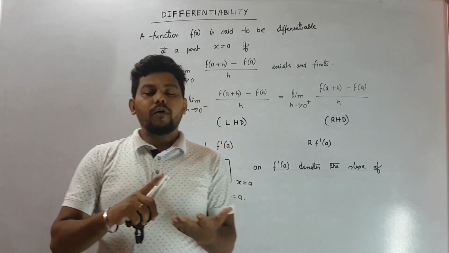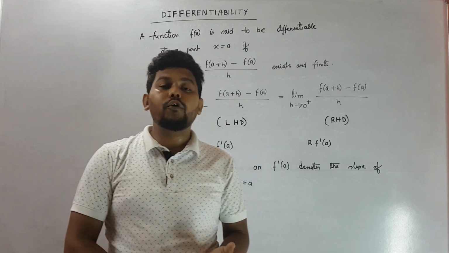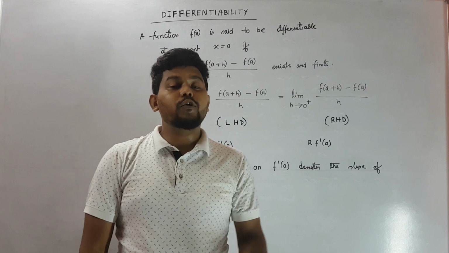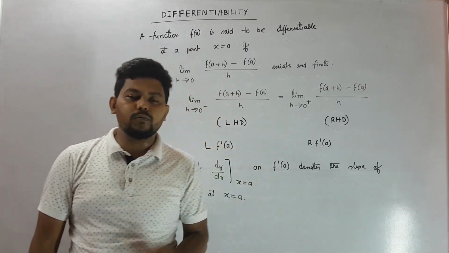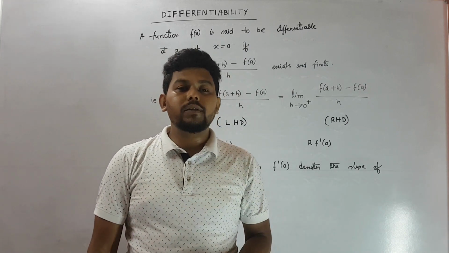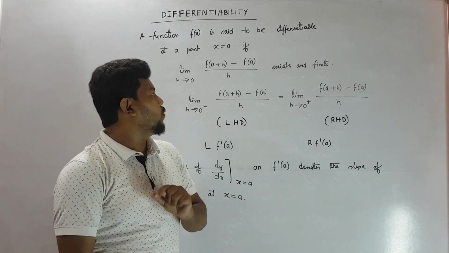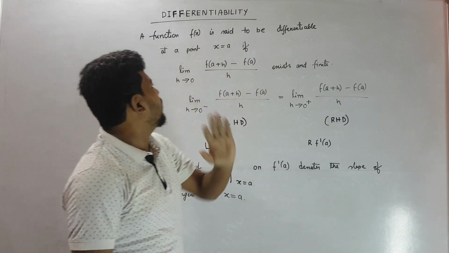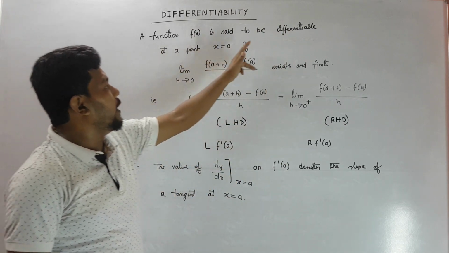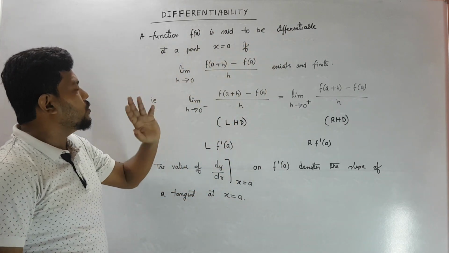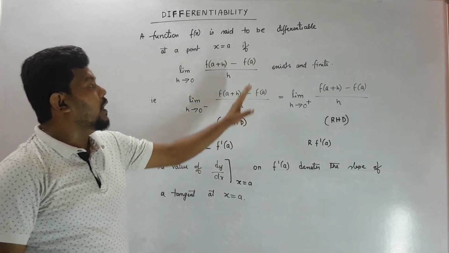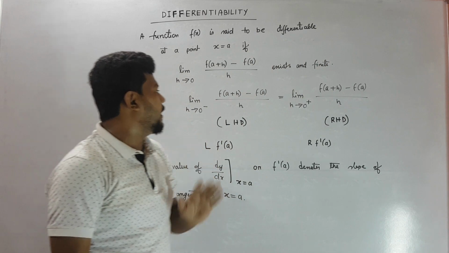So, what is differentiability? It is the possibility of drawing a unique tangent at a point x equal to a of any curve with finite slope. If you are having infinite slope, then it is not possible. That is why we said a function f of x is said to be differentiable at a point x equal to a if limit h tends to 0 f of a plus h minus f of a by h exists and it is finite.